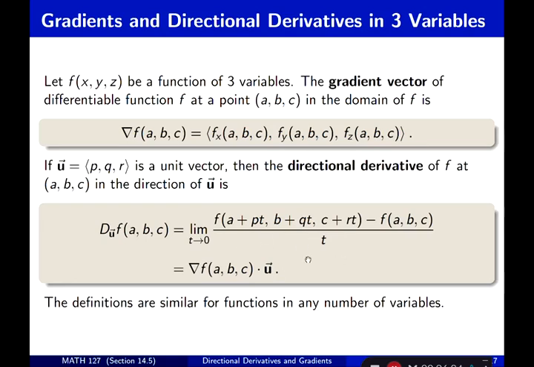This other limit definition, similarly to calculus of one variable, you don't use for computation. You use it for the conceptual part, but then you use the gradient dot the unit vector for the computation of the directional derivative in direction u.